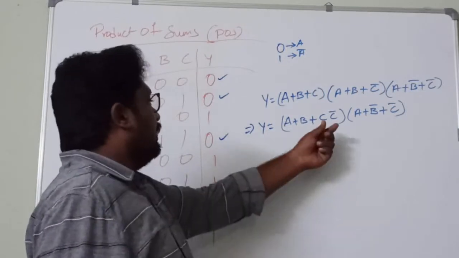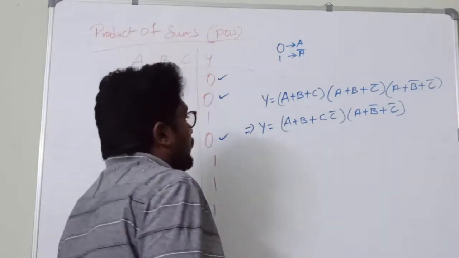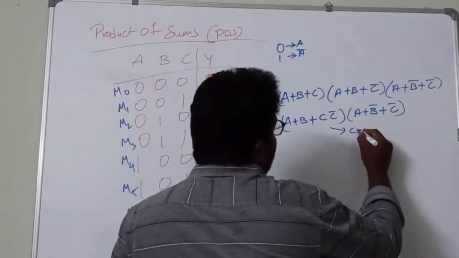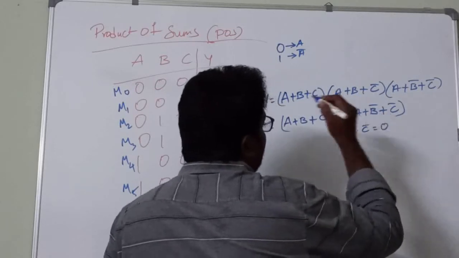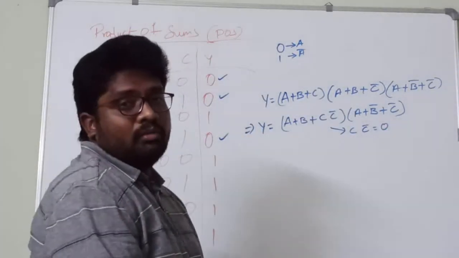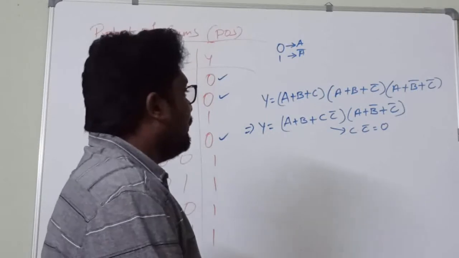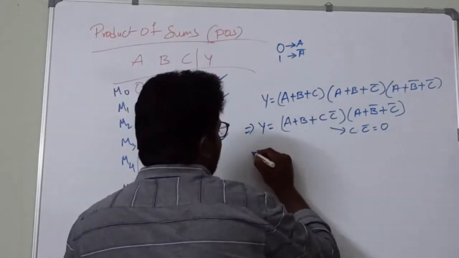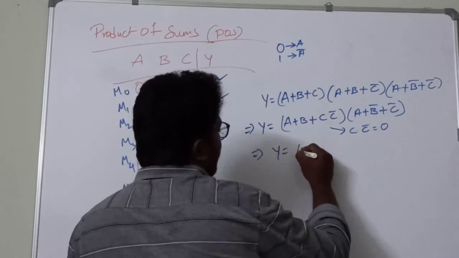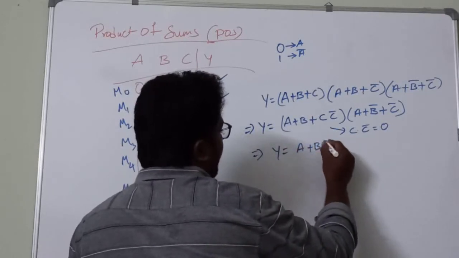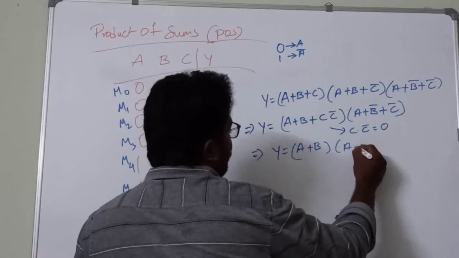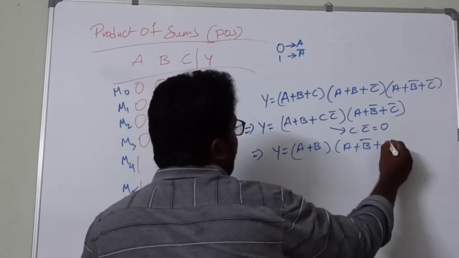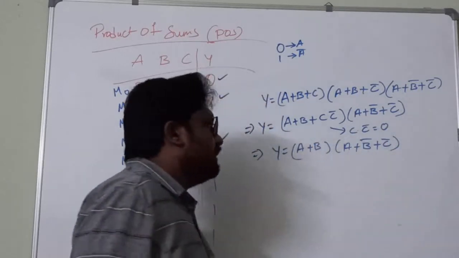By using the AND operation rules, C into C complement will become 0. So here we are using the max terms, so place 0 here, then the expression becomes y is equal to A plus B into A plus B complement plus C complement.